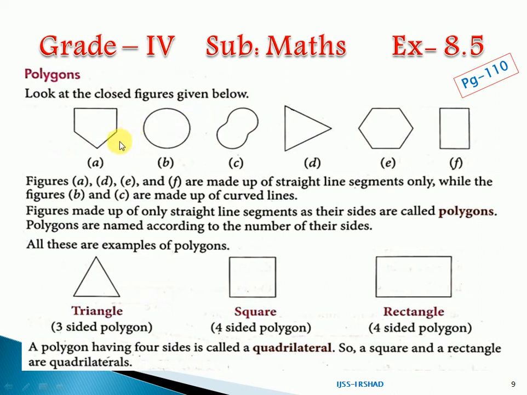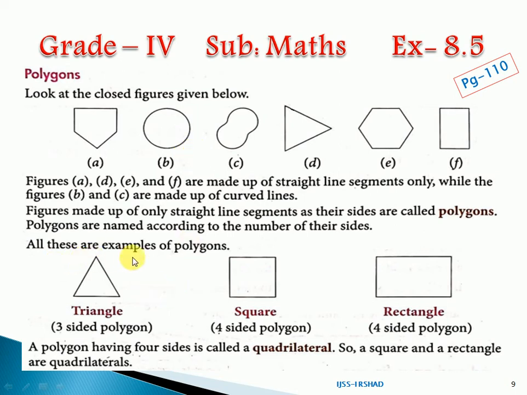So I can say figure A, figure D, E and F, all these 4 figures are made up of straight line segments only, so they are said to be polygons. While figures B and C are made up of curved lines, so they are not polygons.